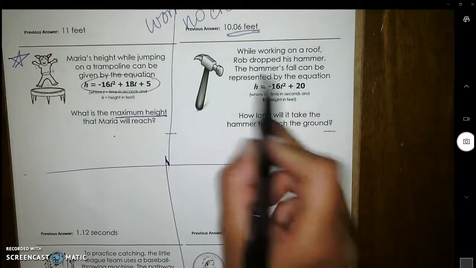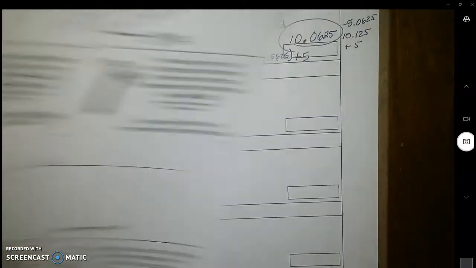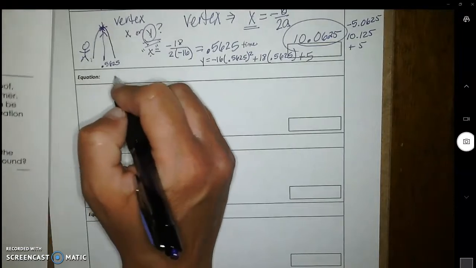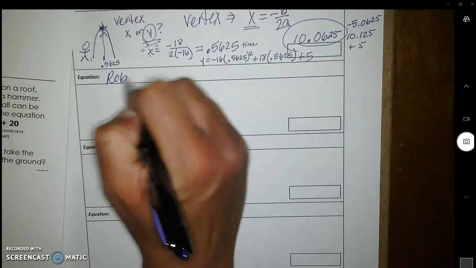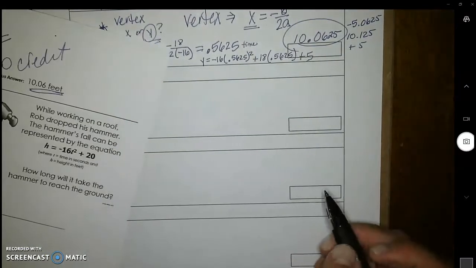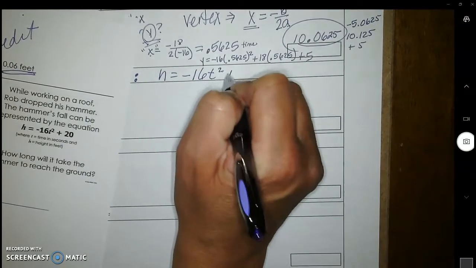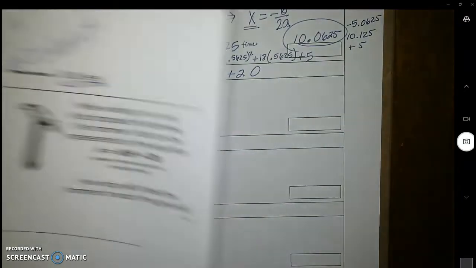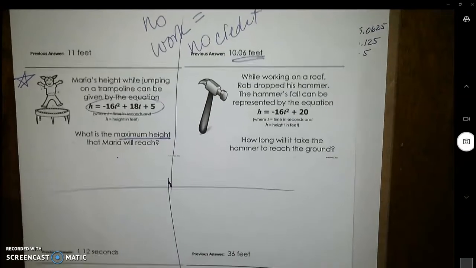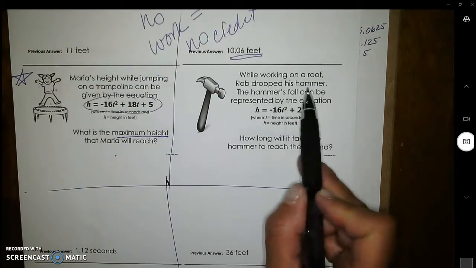So now we have Rob dropping a hammer. So my next one is the equation about Rob, and his equation says negative 16t squared plus 20. Let's read what Rob does. While working on a roof, Rob dropped his hammer.